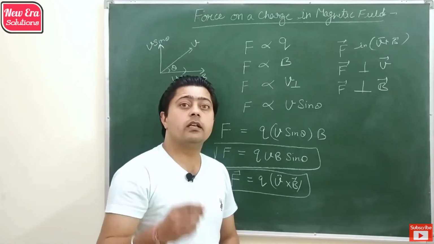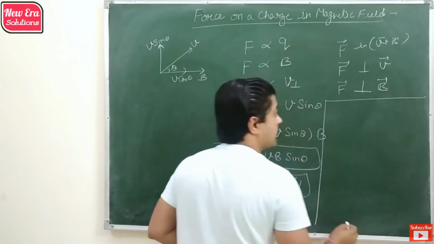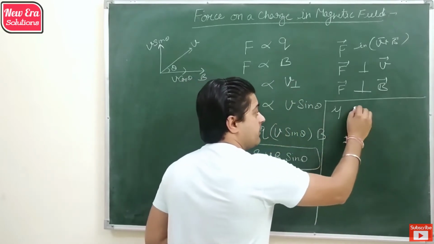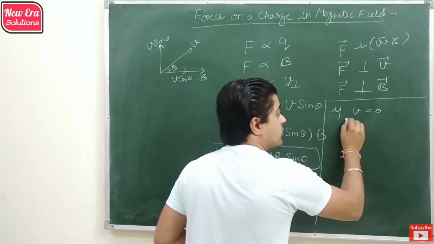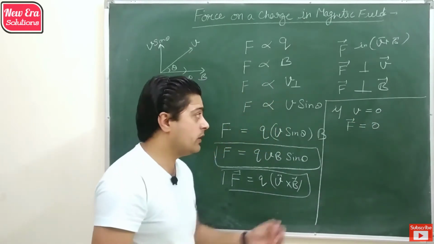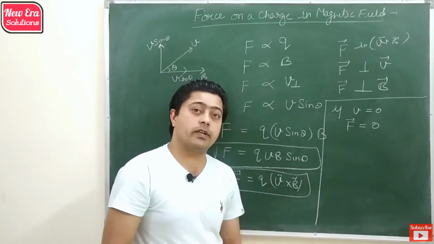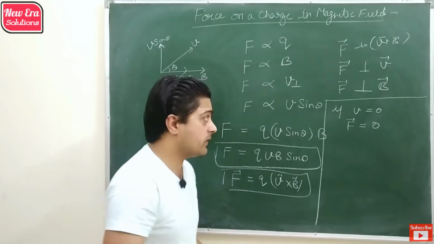We also have certain observations from this formula. First, if v is equal to 0, then the force due to a magnetic field on any charge is also 0. So if the charge is at rest, it will not experience any force due to a magnetic field.